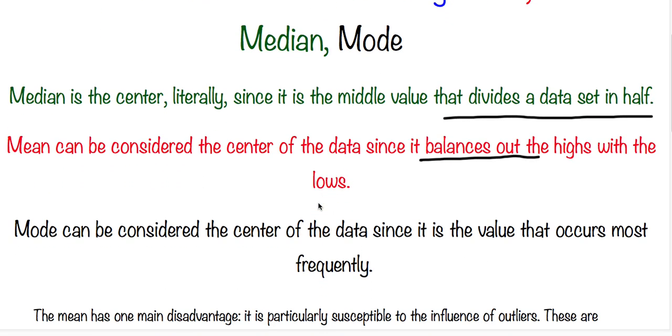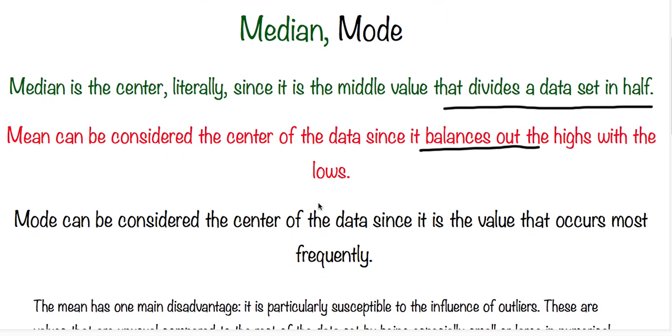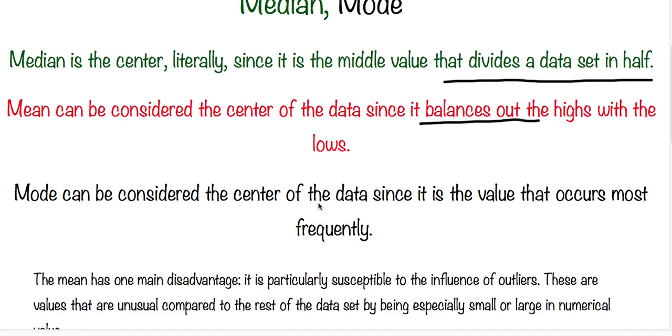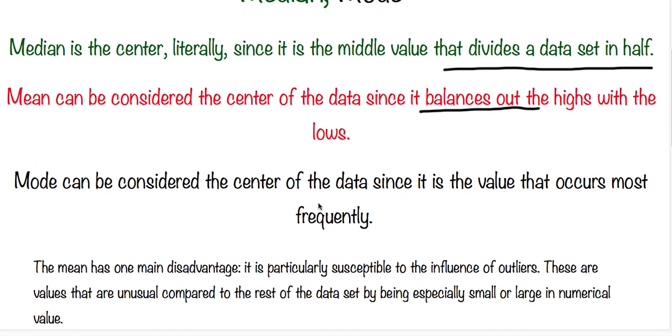When can they be misleading? Okay. The mean has one disadvantage. It is particularly susceptible to the influence of outliers. Okay, these are values that are unusual compared to the rest of the data set by being especially small or large in numerical value. Let's take, for example, the gold medal example a few lessons back. If you notice in 1980, okay, if you still remember 1980, the United States has 0 gold medals.